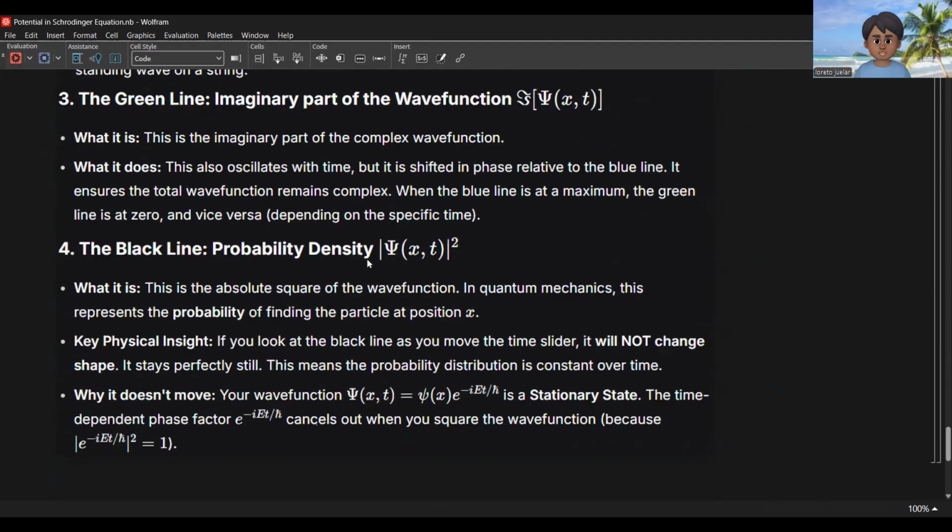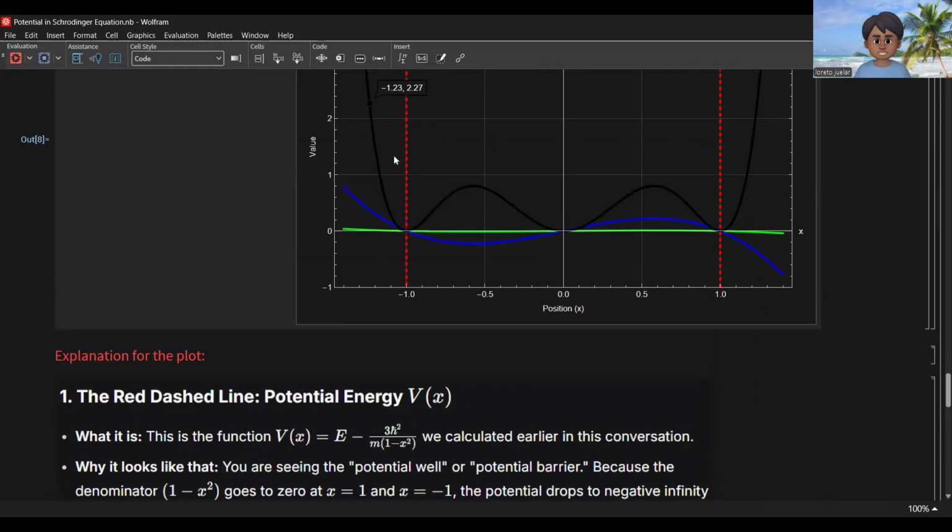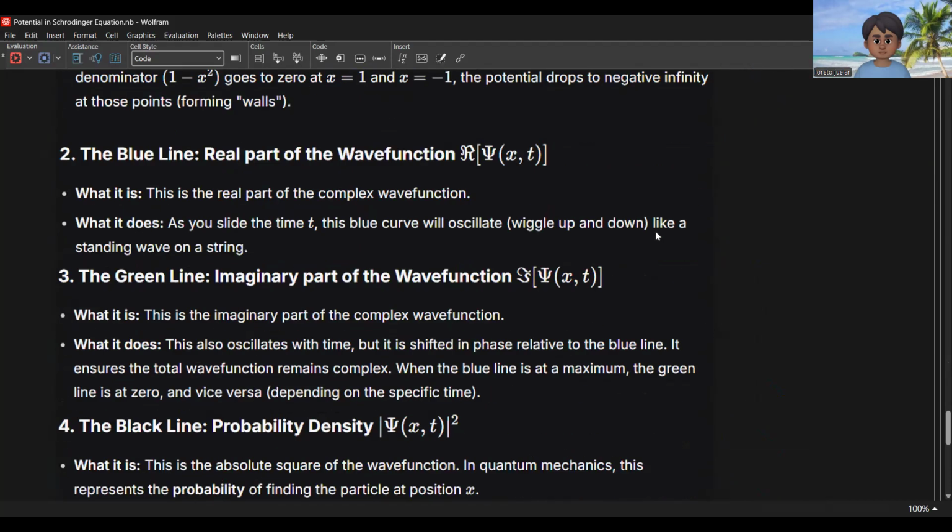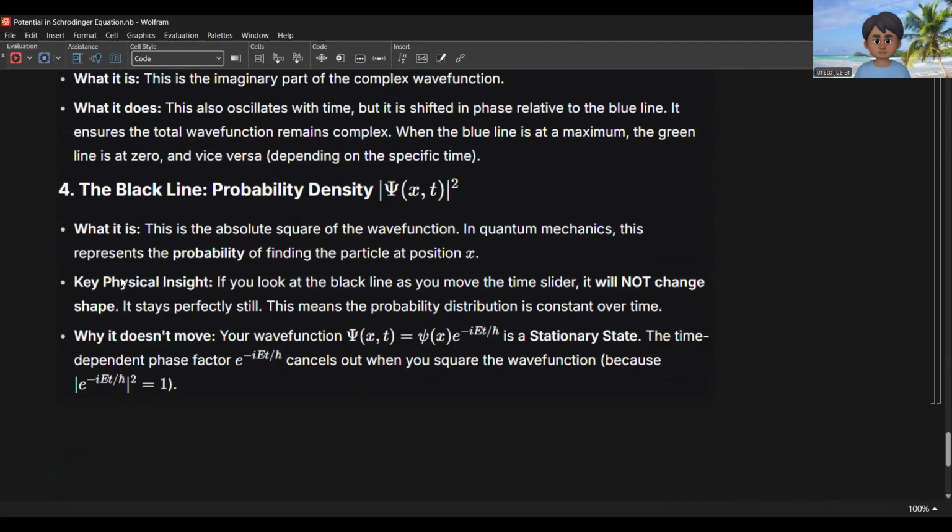Then we have here the black line. The black line is the probability density. This is always positive. It is the absolute square of the wave function. In quantum mechanics, this represents the probability of finding the particle at position x.